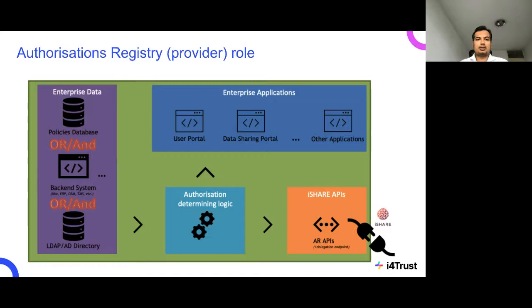The idea is that either you have a policy database where you define the access policies based on which the data consumer can get access to data, or you use the existing information in your existing systems where you already have the information about who has authorization to what data.